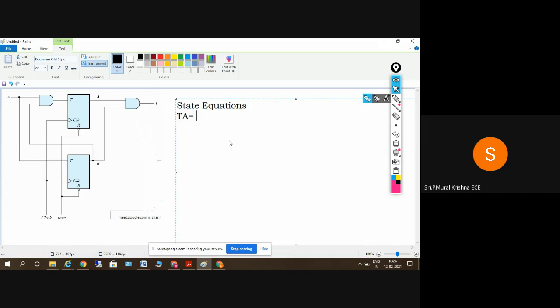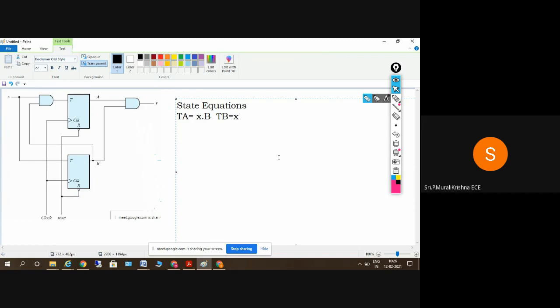What is the value of TA here? It is x into b. And what is the value of TB? TB is equal to x here. So these are the state equations.